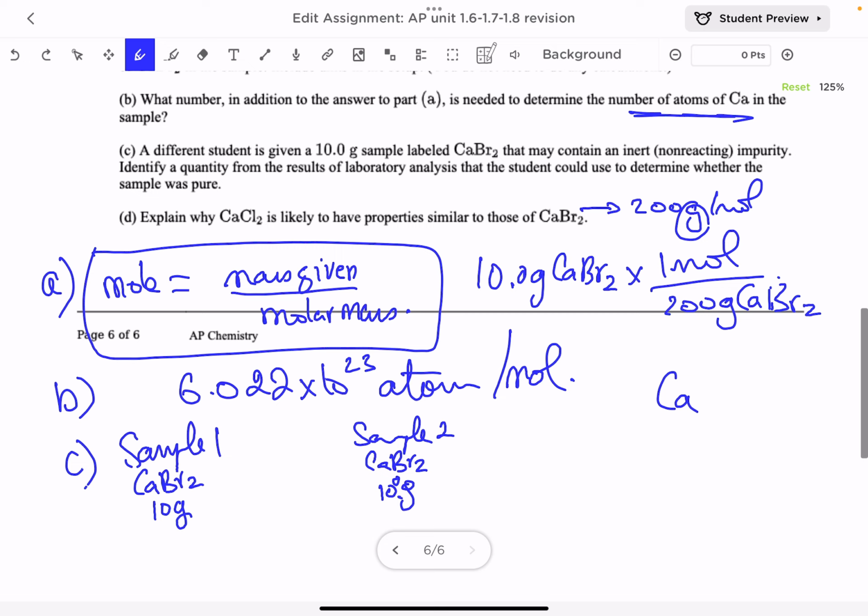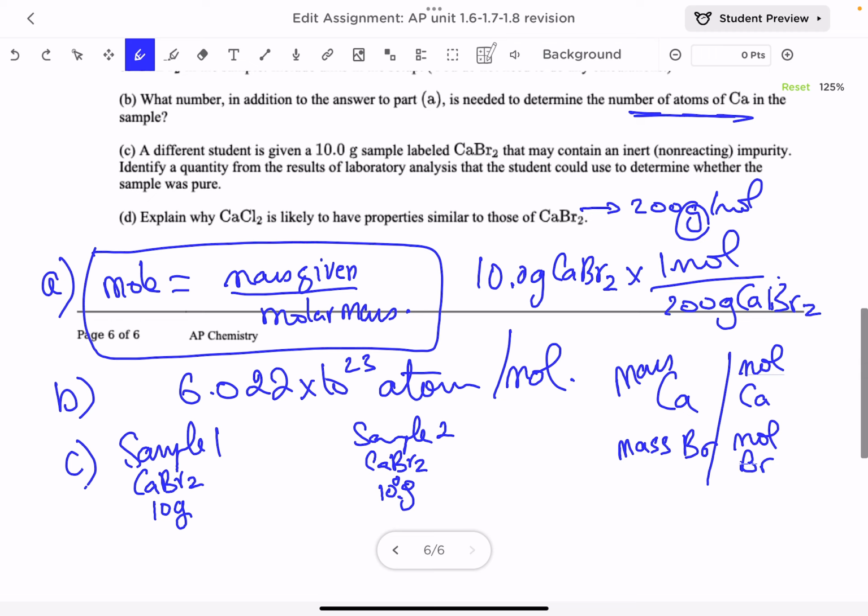Or if I am using this sample to calculate the mass of Br in this sample, I'm going to obtain less mass of Br. Or if you don't want to say mass, you can say either moles of calcium or moles of Br would be less obtained. So I hope you're getting the point.